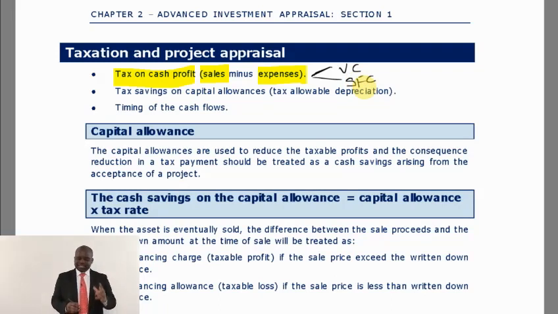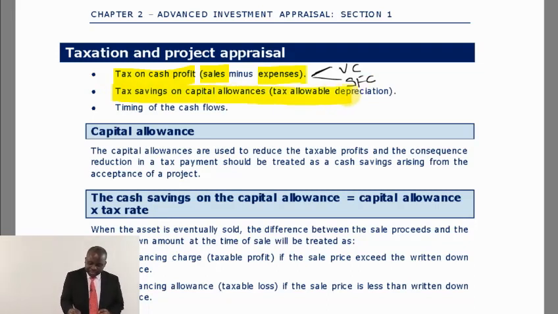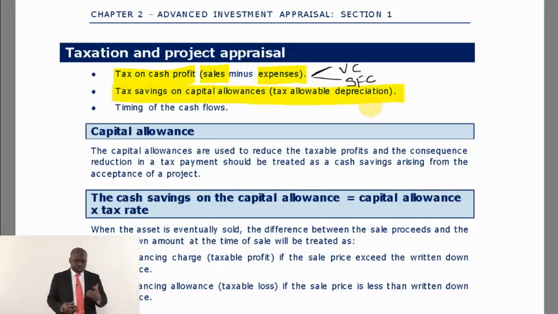Then the second thing you need to remember in tax is how to sort the tax savings on capital allowances. And then the last one is, because we are dealing with cash flows, we are interested in receipts and payments.